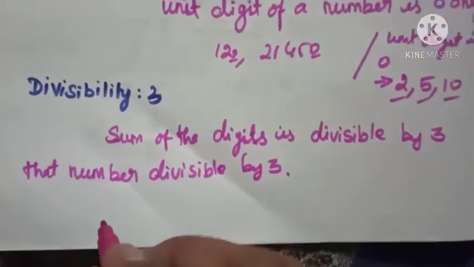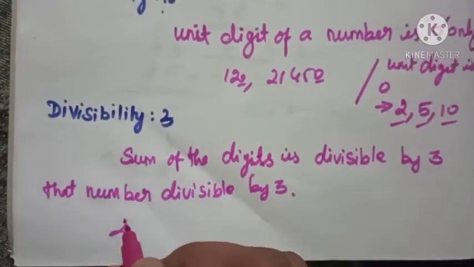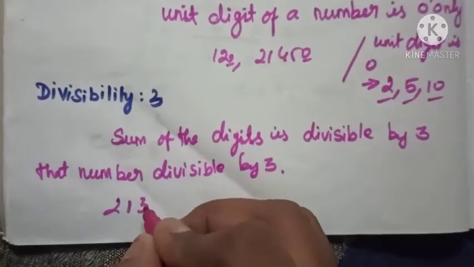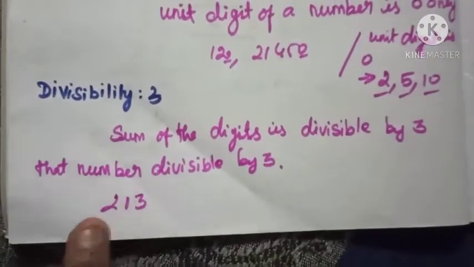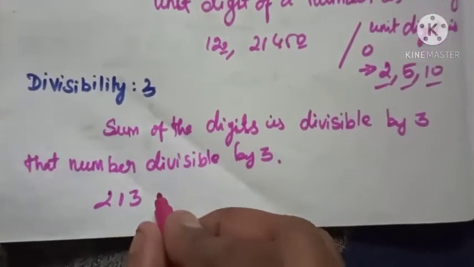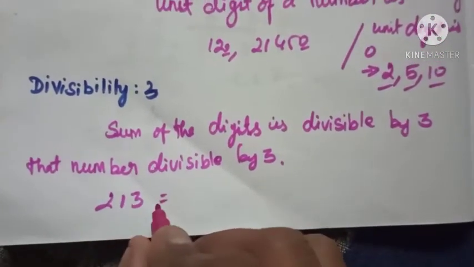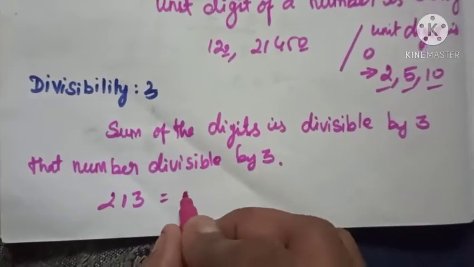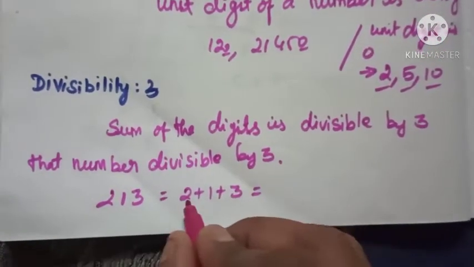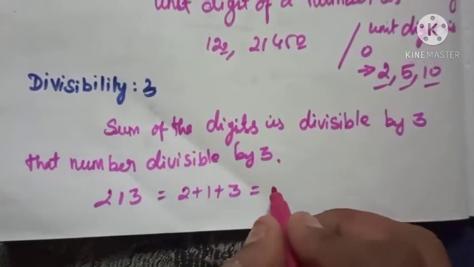For example, 213. So without seeing the unit digit, what is the rule? Sum of the digits. Sum of the digits means you must add the digits. So 2 plus 1 is 3, 3 plus 3 is 6.